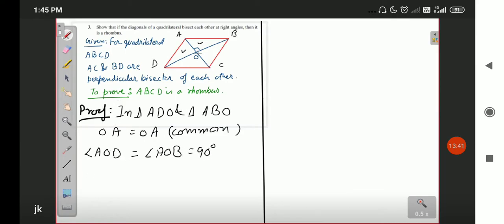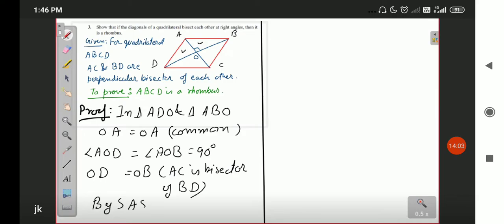And thirdly, OD and OB are equal. Why? Because AC is the bisector of BD. Okay, so by the SAS congruency rule, triangle AOD is congruent to triangle AOB.